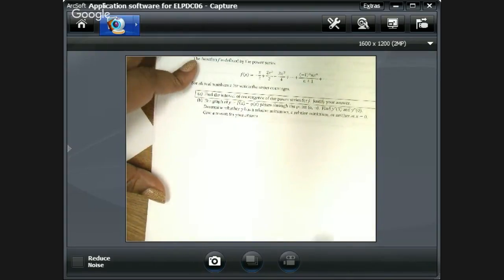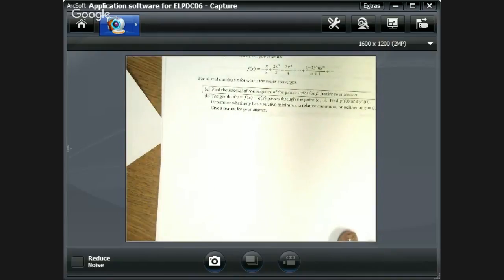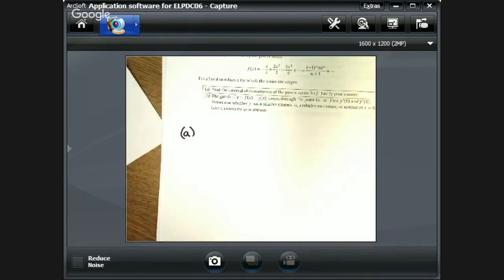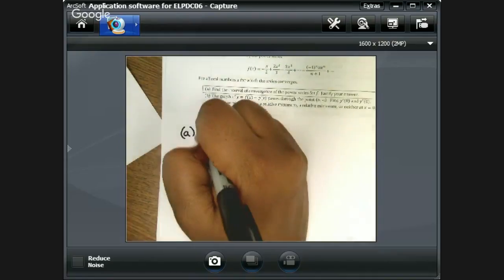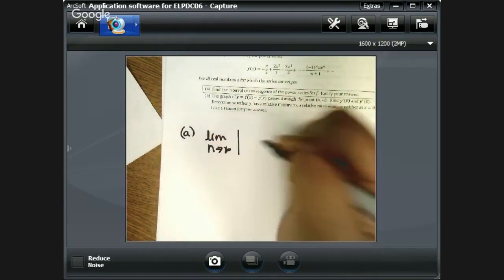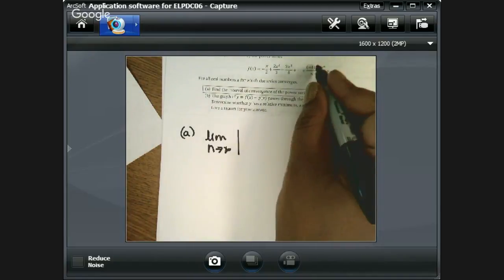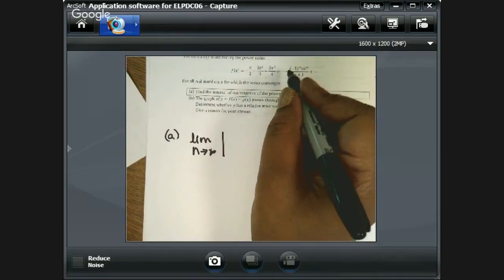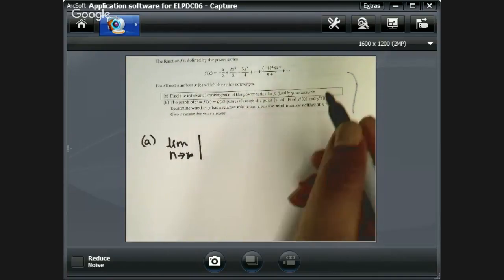Well, just like I did before, what I'm going to do now, for part A, is set up the ratio test. The limit as n approaches infinity of the n plus first term, where I'm going to ignore this -1 to the n power now because I'm taking absolute values, so nothing is alternating in sign.